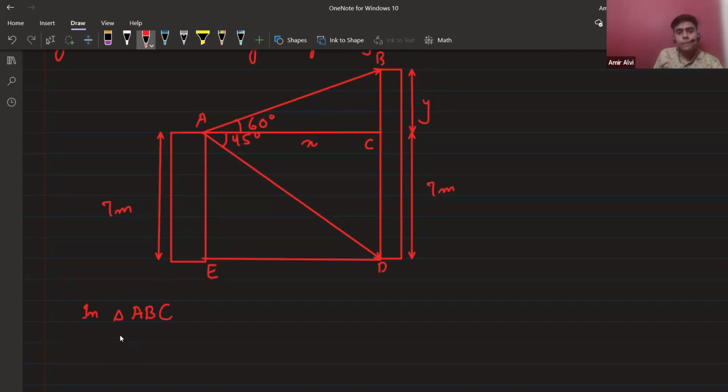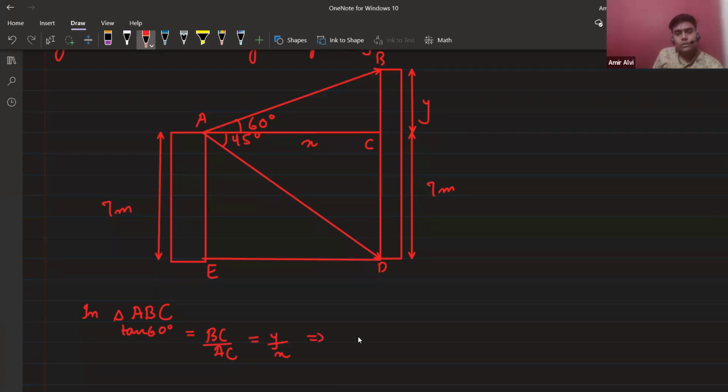In triangle ABC, tan 60 is BC by AC. BC is what? y. AC is what? x. Yes or no, everybody?